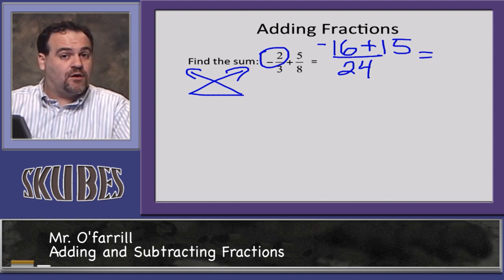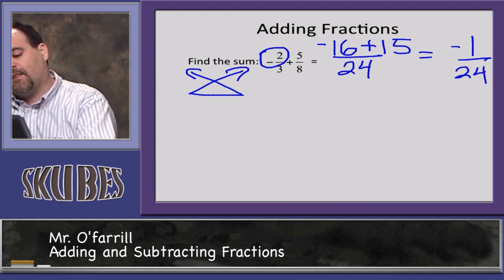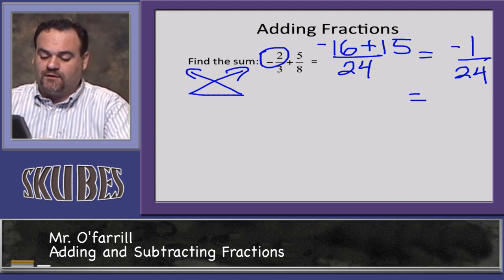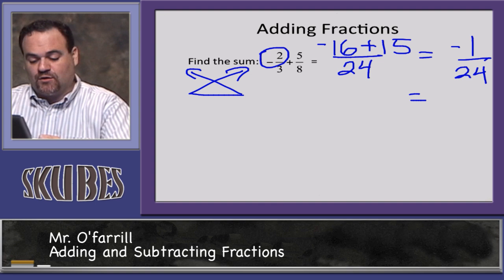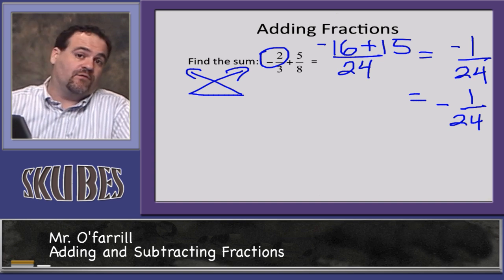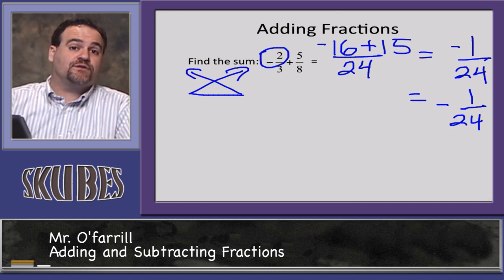The negative one is the larger one, so our answer is going to be a negative 1 over 24. And then just for neatness sake, let's go ahead and move this negative back down to the middle so that we can indicate that it is applied to the entire fraction, that this is negative 1/24.